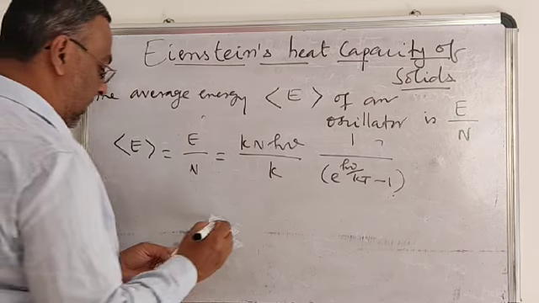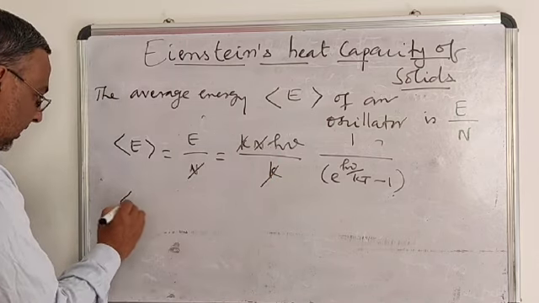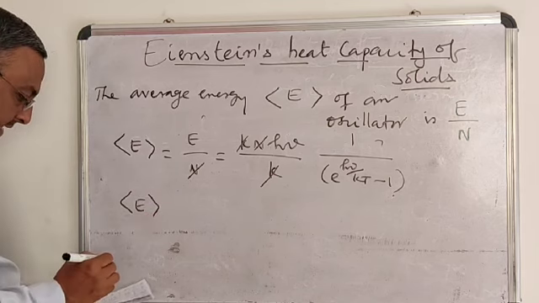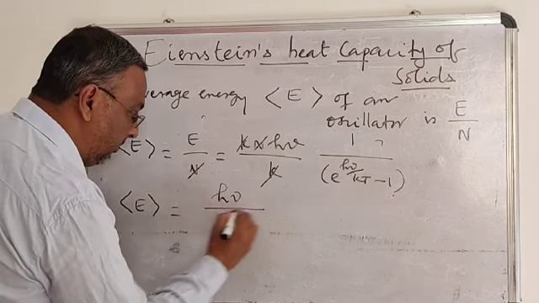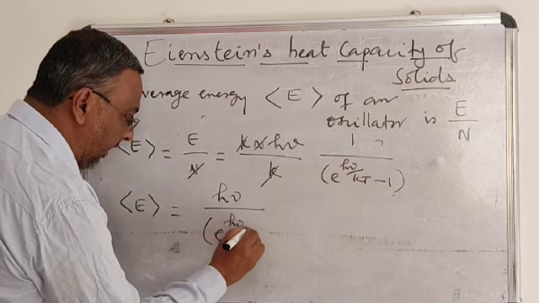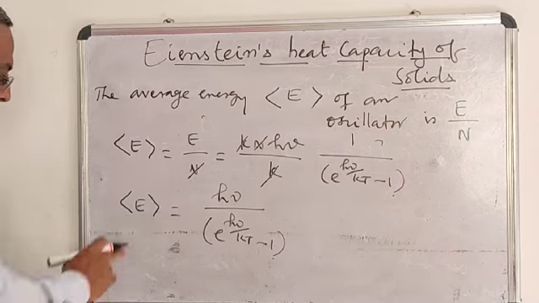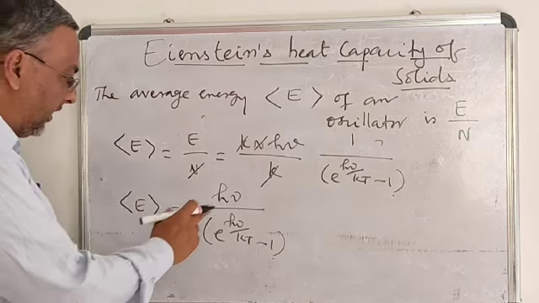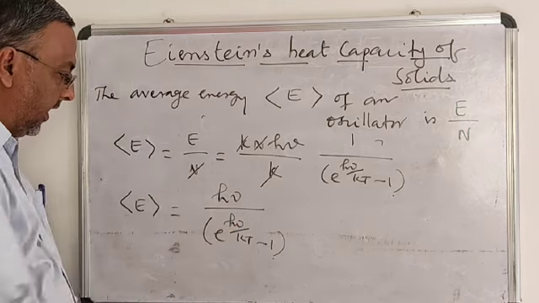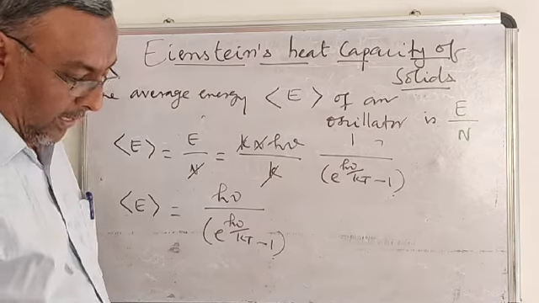Then this k gets cancelled and n gets cancelled. So the average energy will be equal to h nu divided by e power h nu by kT minus 1. Can you understand? This is the average energy of each and every harmonic oscillator.